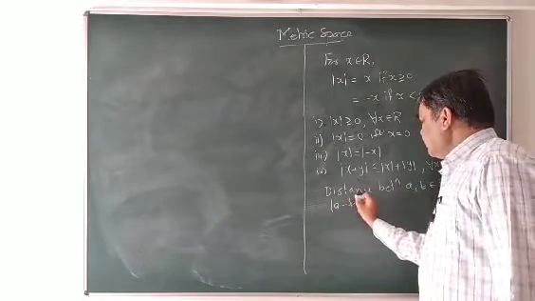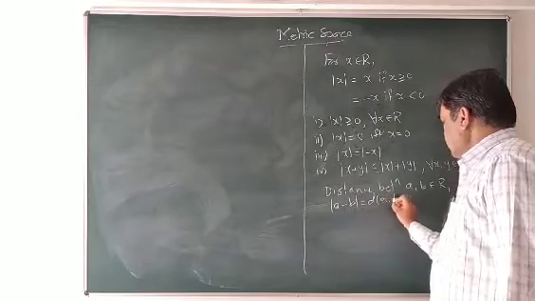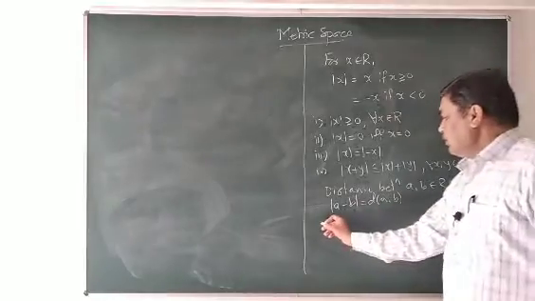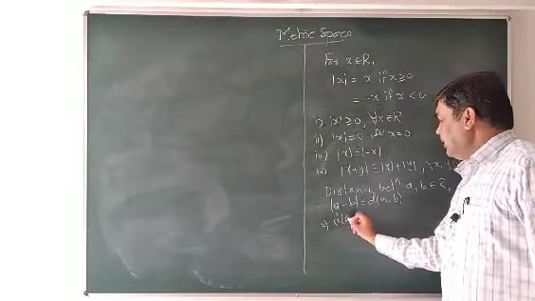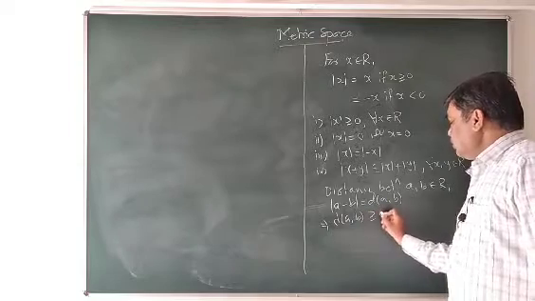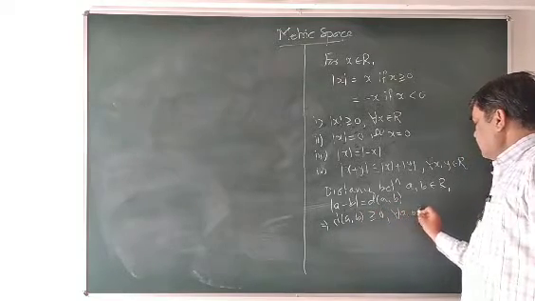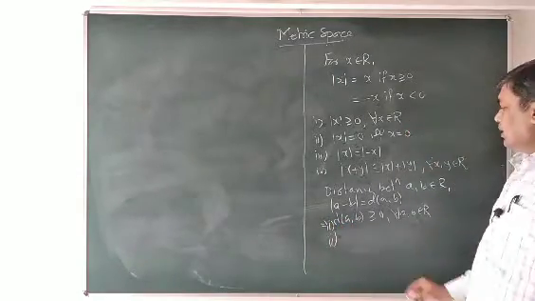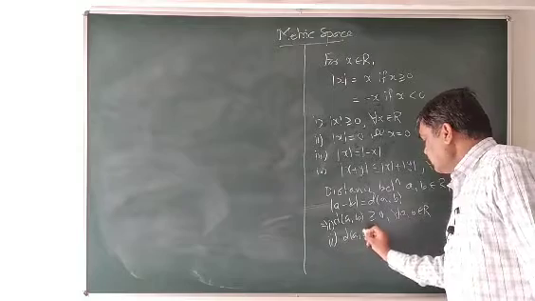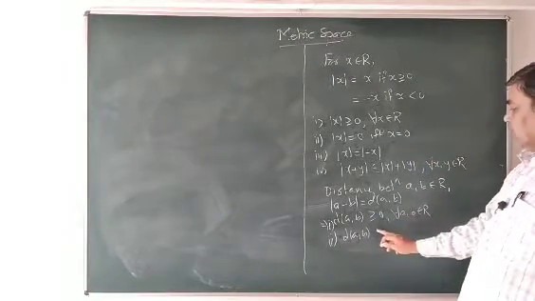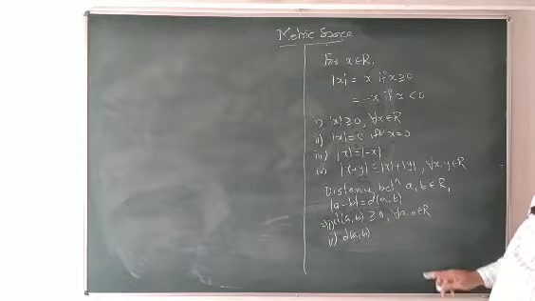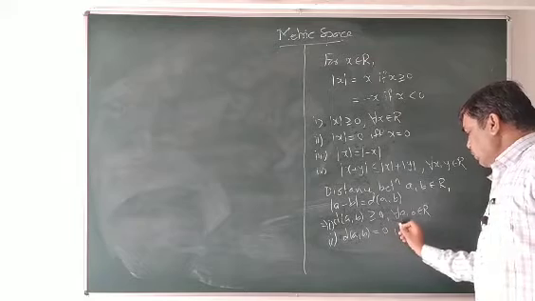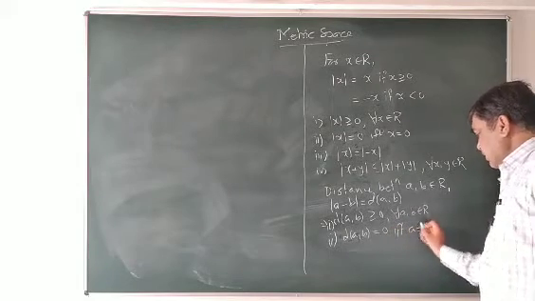Mod of A minus B. By applying these properties of absolute value function, we have d of AB greater or equal 0 for any A, B belongs to R. Second, d of AB is 0 if mod of A minus B is 0, that is A minus B is equal to 0, means A equal to B, if and only if A equal to B.